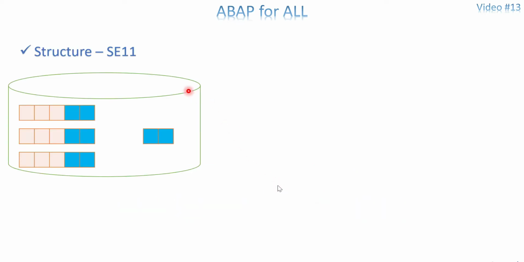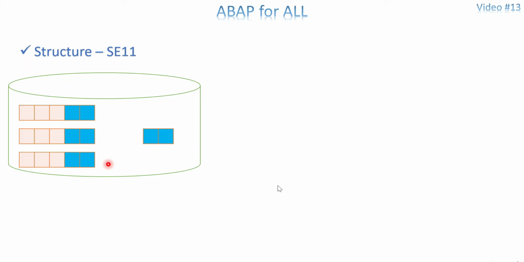So this is a database, and the database has different tables. I'm going to create one structure, and that structure is going to be included in three different tables. The idea is reusability. Say there is a project design, and before development, the project needs some 5 to 10 custom tables.